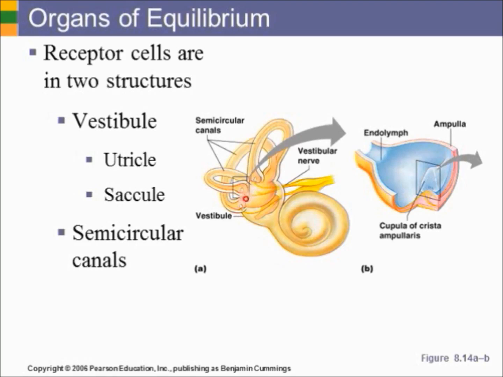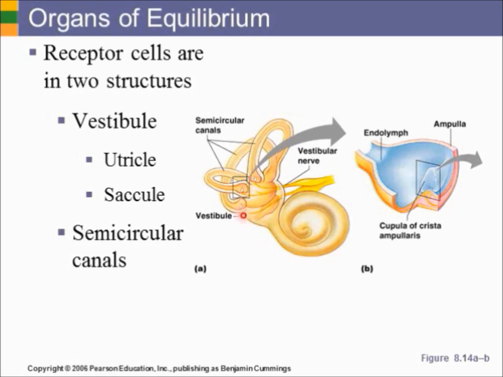This whole structure right through here, and again, it's hard to diagram this in 2 dimensions. 3-dimensional models we'll use in lab tomorrow will make this a lot easier. But this vestibule is going to be divided into a large bulge, like this one over here, which is the utricle.